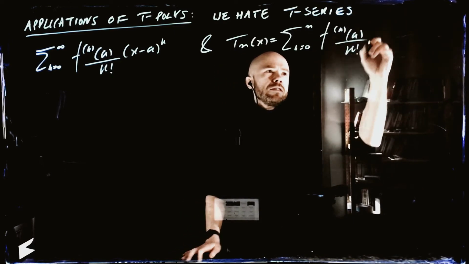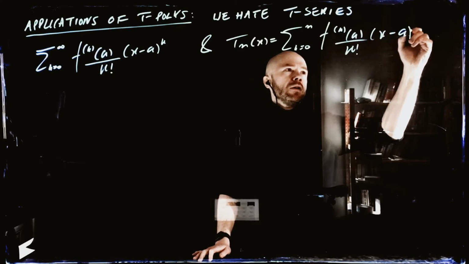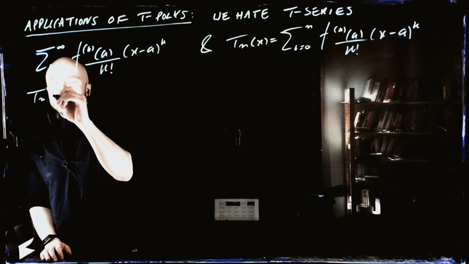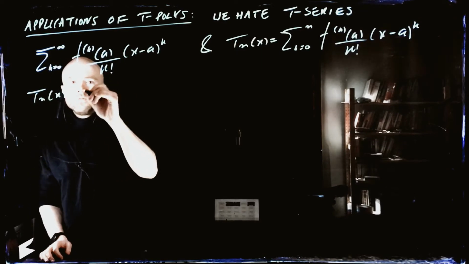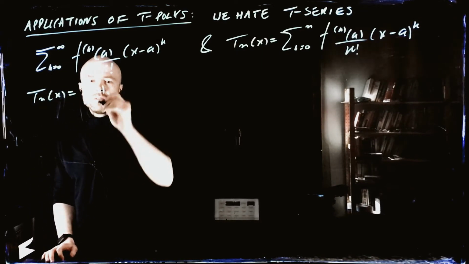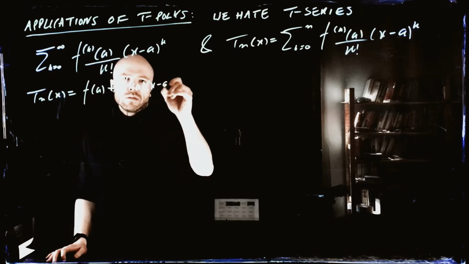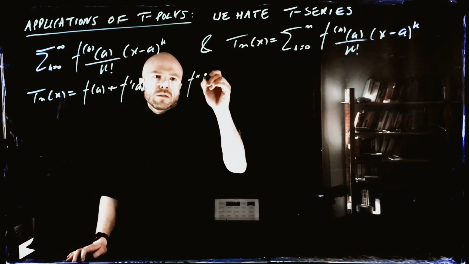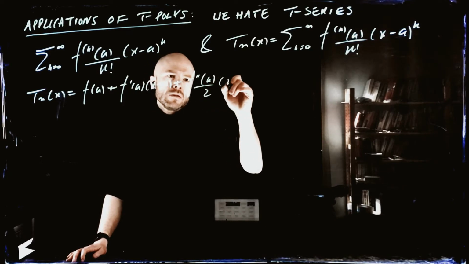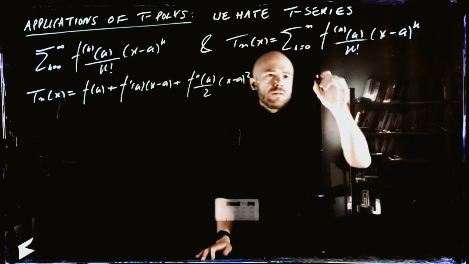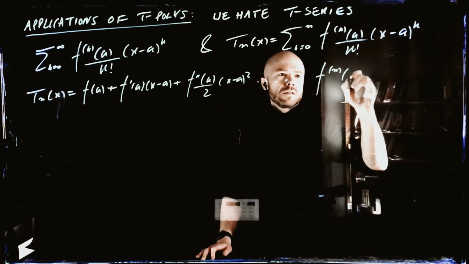We defined this last time, but let's recap it. So what does it look like? The first term is just f of a, the next term is this, the next term is this, and so on, and the final term is this.